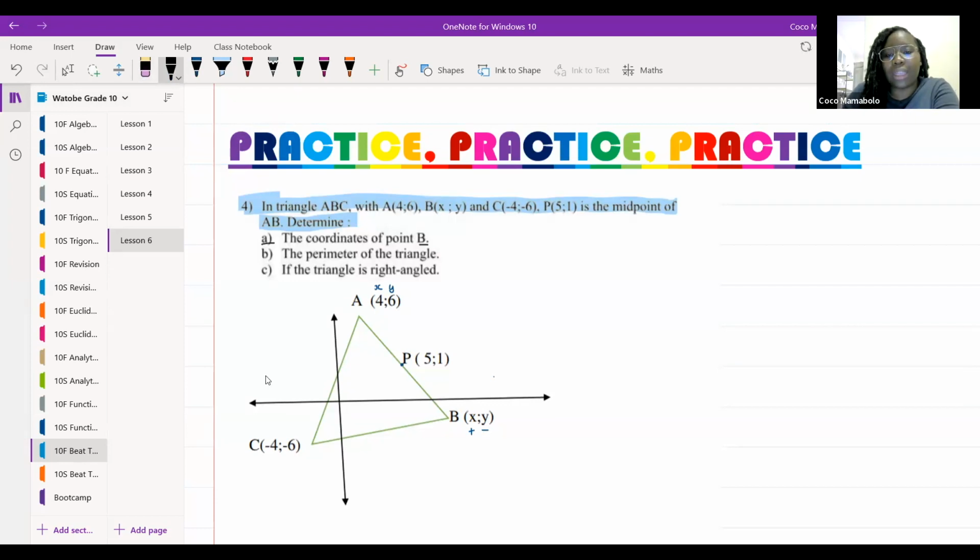Now, we don't know anything about the coordinates of point B, but they have told us that P is the midpoint of AB. Who remembers the midpoint formula? Any hands? Anybody want to give us the midpoint formula?